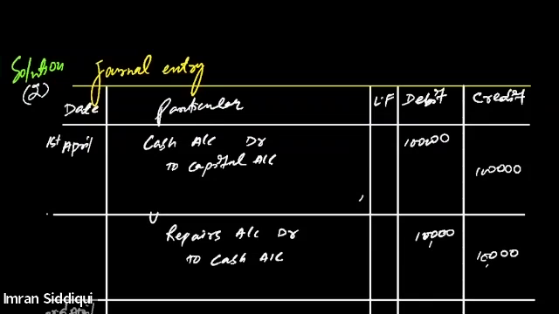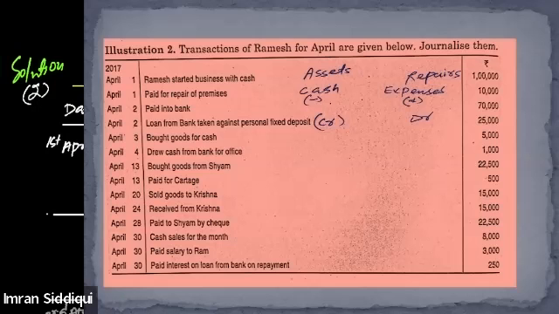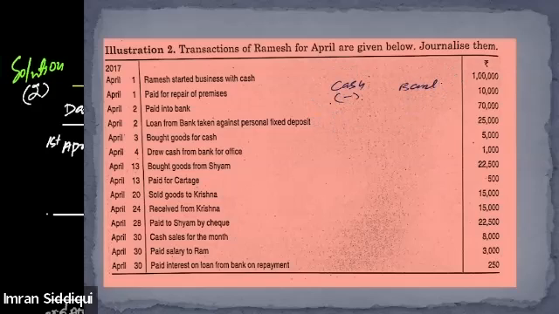All right. Next transaction, paid into bank. Now, when we pay into bank, how is it going to affect the business? Firstly, it will affect the cash balance of the business. Paid into bank, that means cash will reduce, but at the same time, bank will also increase. Is that right?